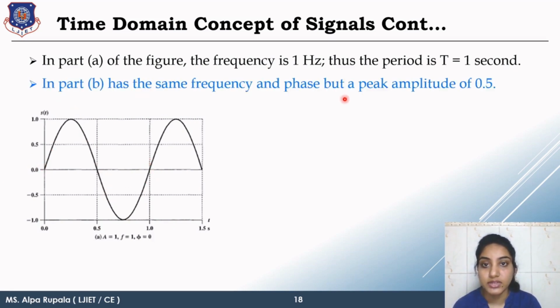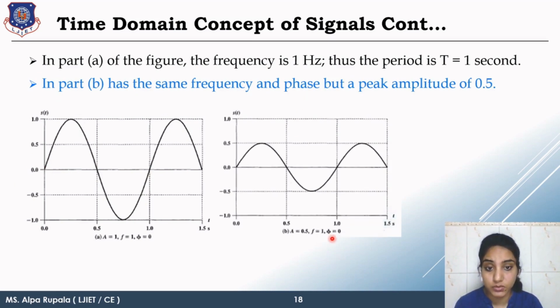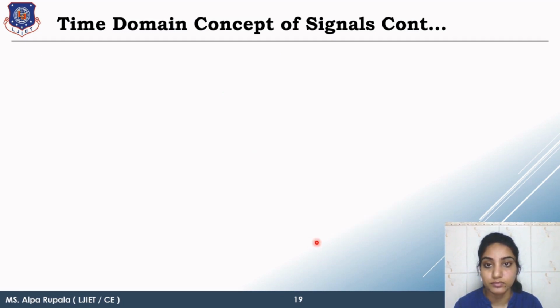Same as we are seeing another example in which the frequency is 1, phase is 0 as previous, but the amplitude value is 0.5. So our peak amplitude is 0.5. Starting from the same point to 0.5, then repeating itself in 1 second, a single repetition, as our frequency is 1.